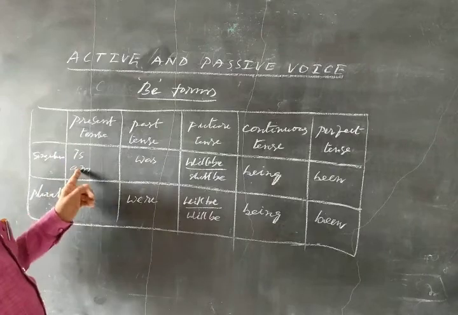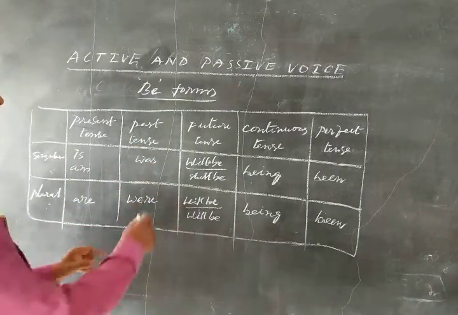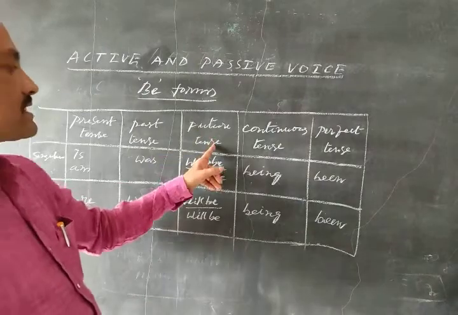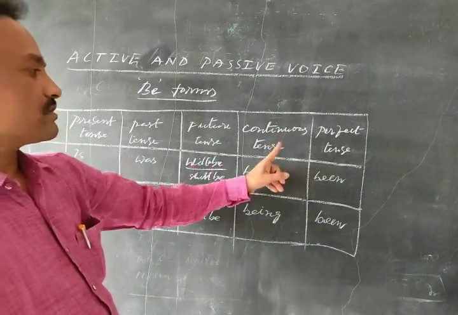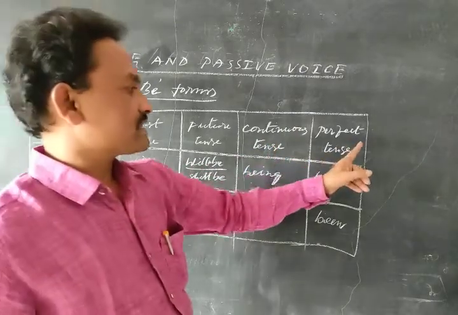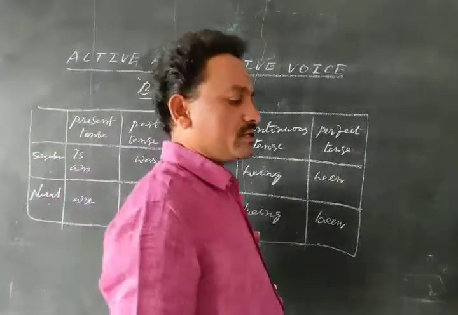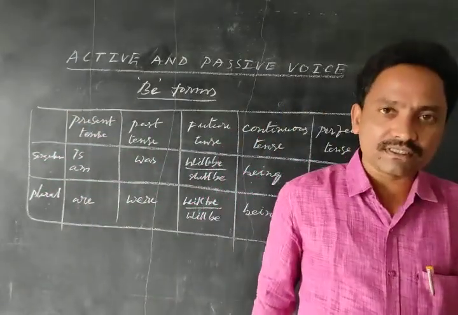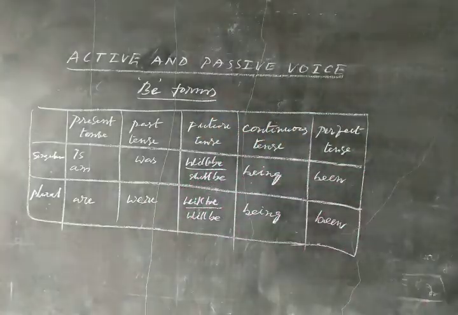Present tense singular is, plural are. Past tense singular was, plural were. Future tense singular will be, shall be. Continuous tense singular being, plural also being. Perfect tense singular been, plural been. So these two tables must be learnt before changing a sentence from active voice into passive voice.